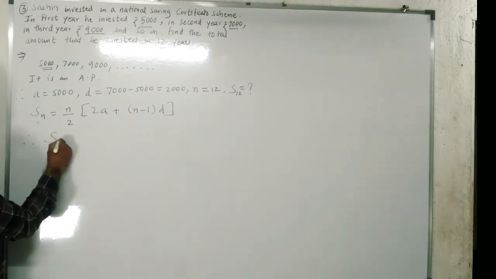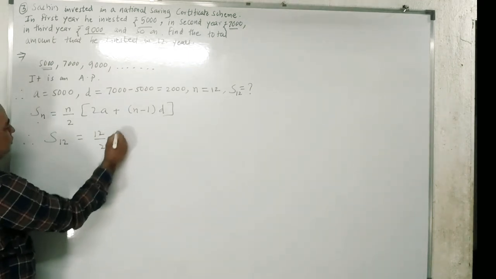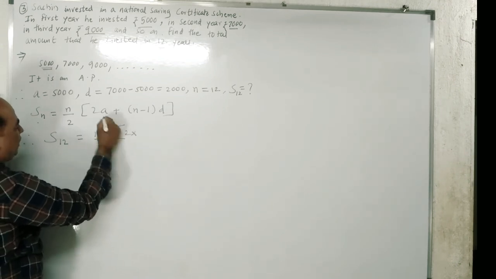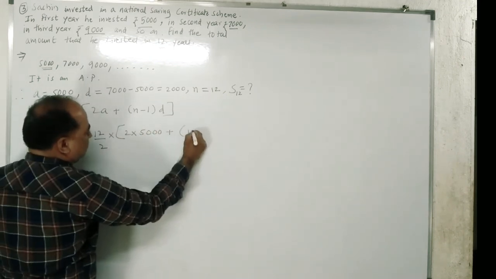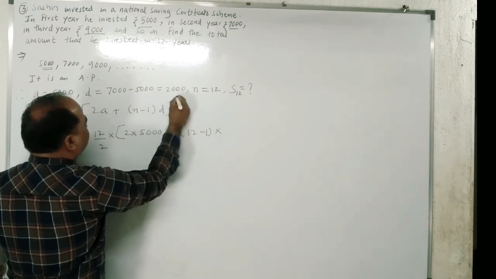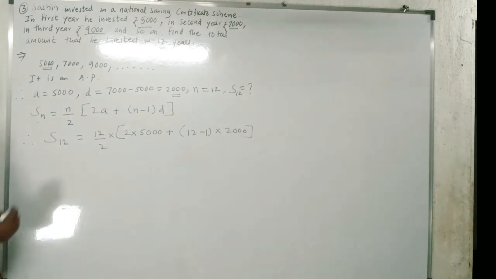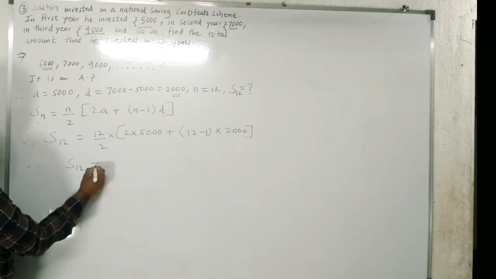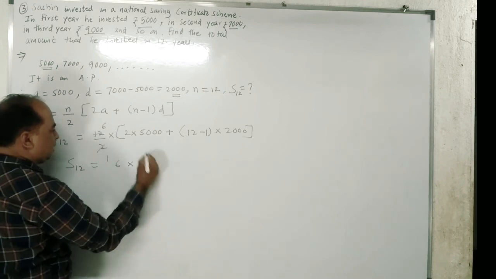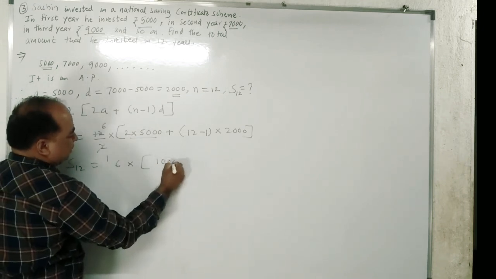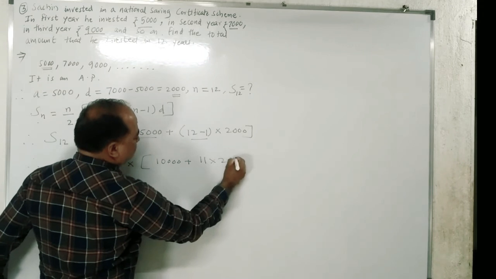Therefore S12 is equal to 12 upon 2 into bracket 2a, A is equal to 5,000, plus 12 minus 1 into common difference, 2,000 is the common difference D. So therefore S12 is equal to 2 sixes are 12, 6 into 2 into 5,000 is 10,000 plus 12 minus 1, 11 into 2,000.